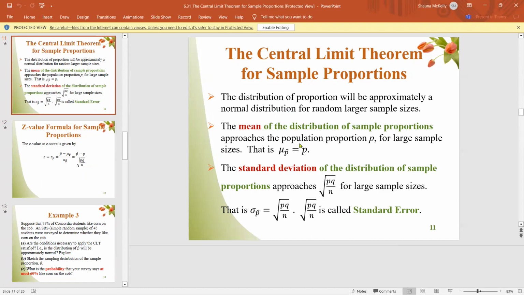Do we know what P is? Yes, it's 0.25, right?